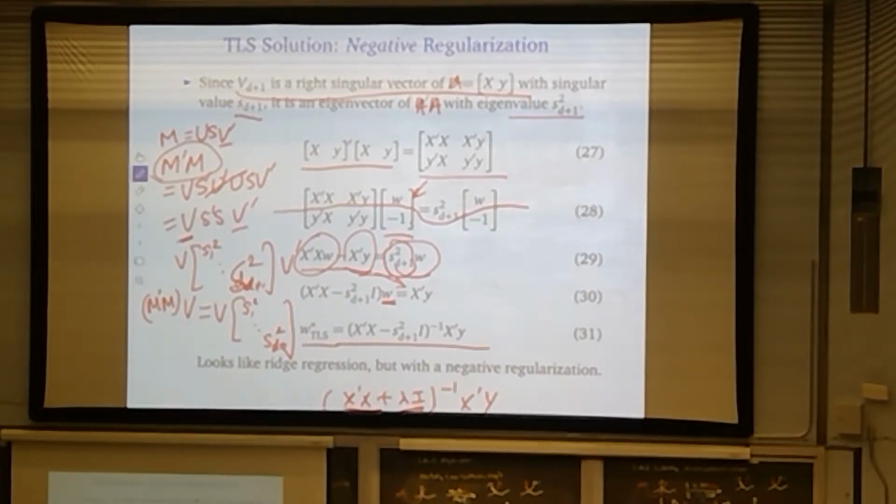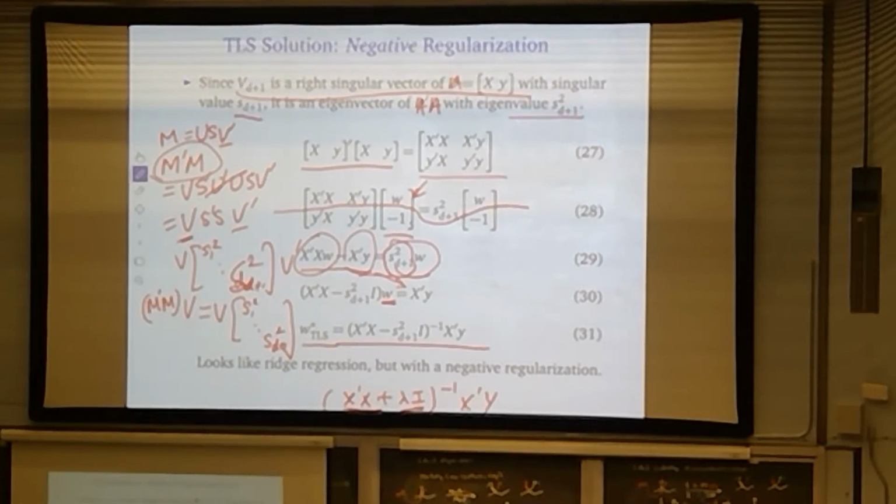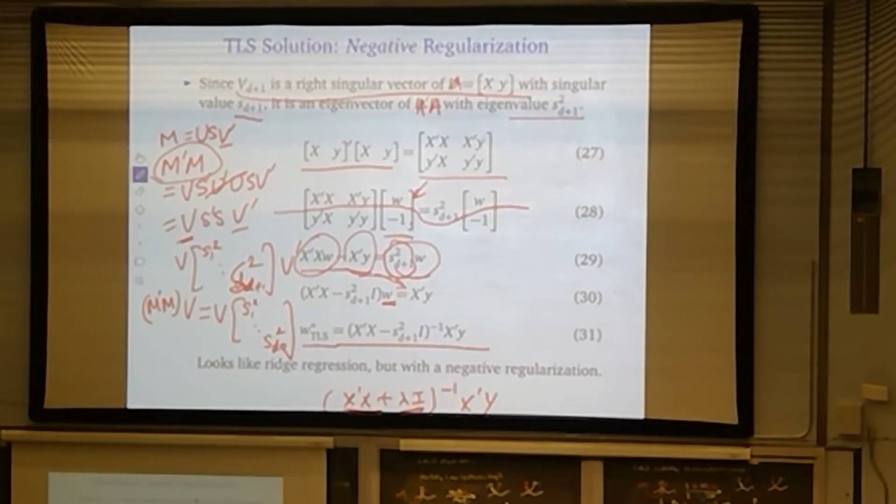But this one is subtracting a certain amount. So if the original diagonal has all non-zero elements, by subtracting this, we may become zero valued, and we may not be able to invert the matrix. So how do we understand this? Why would this be better? Okay?